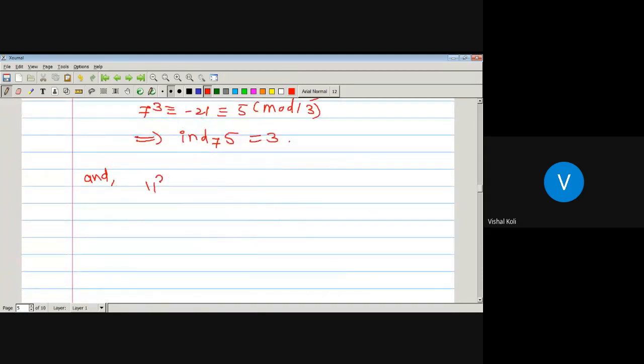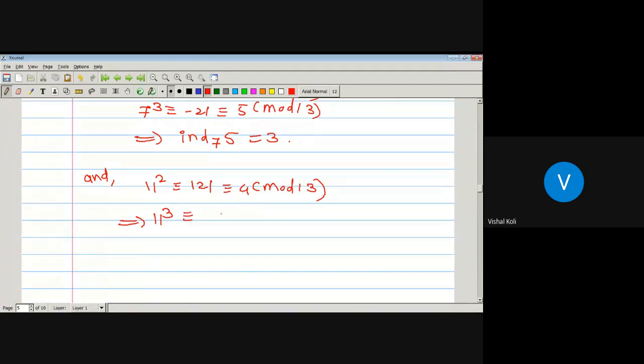And finally, 11 square is congruent to 121. Now what is the value of 121 over modulo 13? 4. Yes, sir. Modulo 13, which implies 11 cube is congruent to 11 into 4, which is 44.